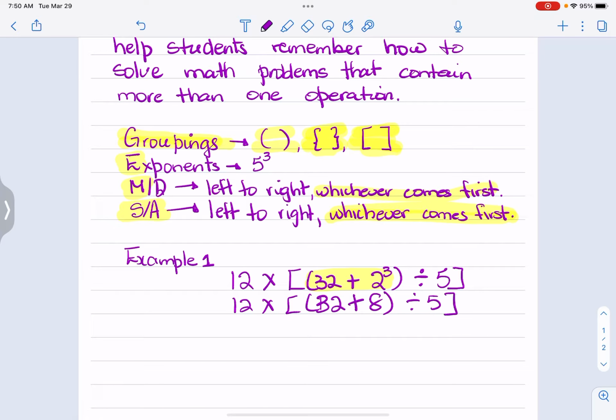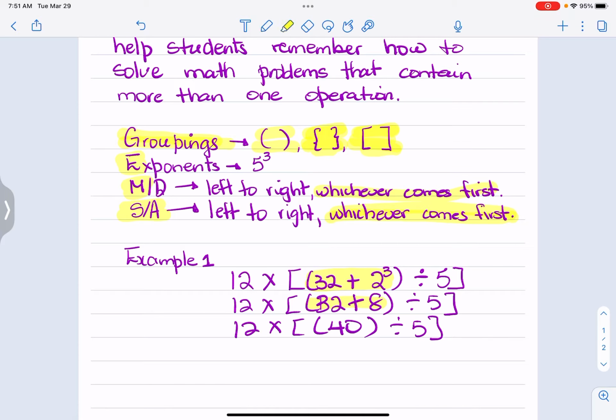Divide by 5 back in the brackets. Now I can do my innermost parentheses. So now we have 32 plus 8, which is 40.